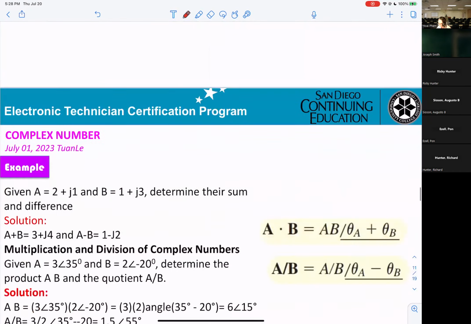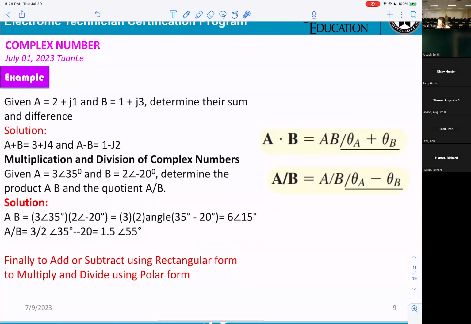And the solution: A plus B, the real numbers, 2 adding to 1, you get 3.